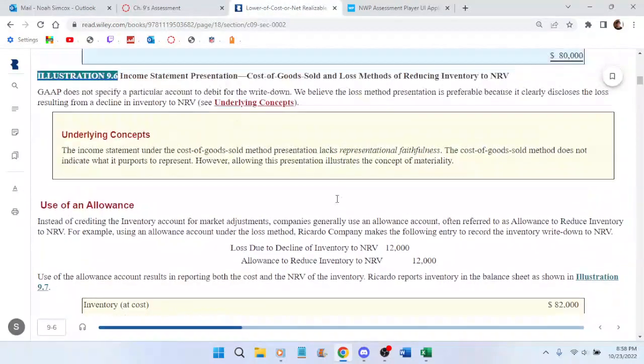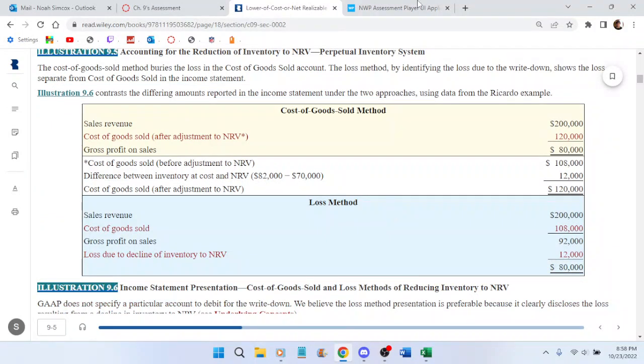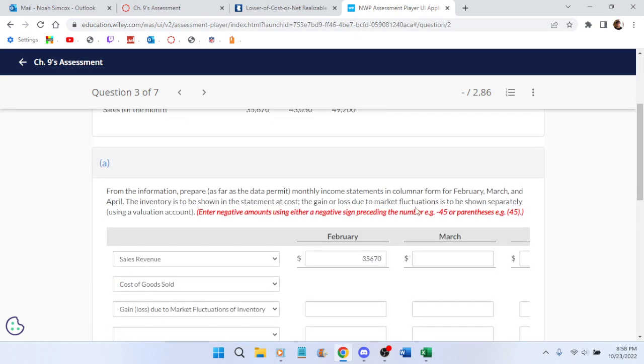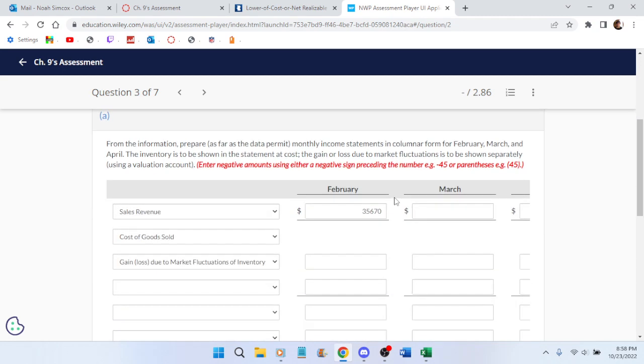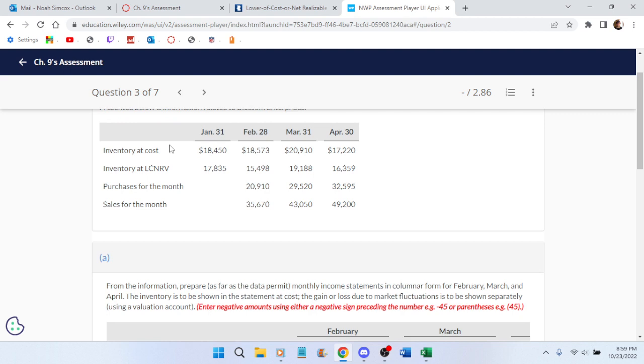You know how you calculate cost of goods sold? They didn't give you cost of goods sold. You have to calculate it yourself. To calculate your cost of goods sold, you have to do a bunch of intermediate calculations.